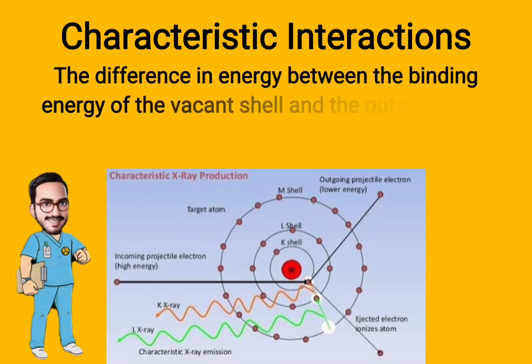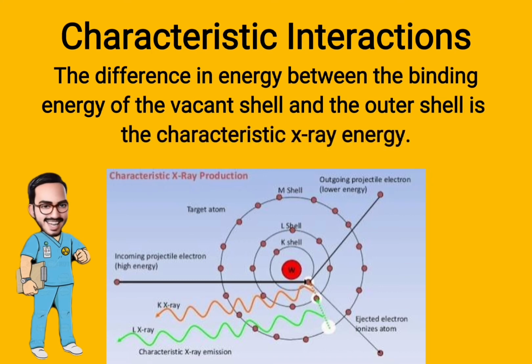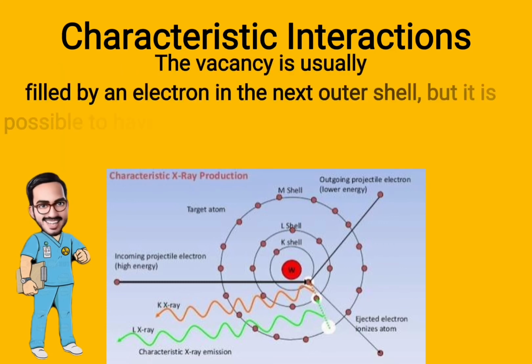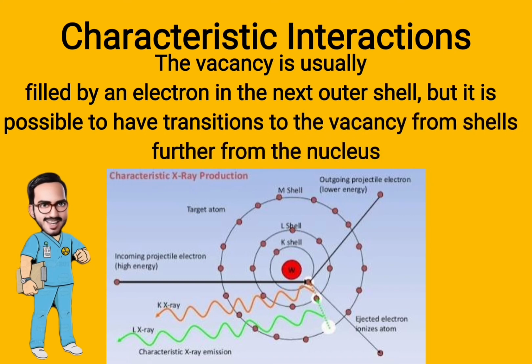The difference in energy between the binding energy of the vacant shell and the outer shell is the characteristic X-ray energy. The vacancy is usually filled by an electron in the next outer shell, but it is possible to have transitions to the vacancy from the shells further from the nucleus.